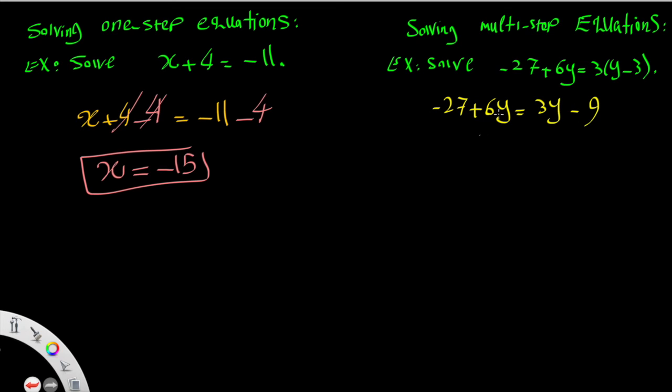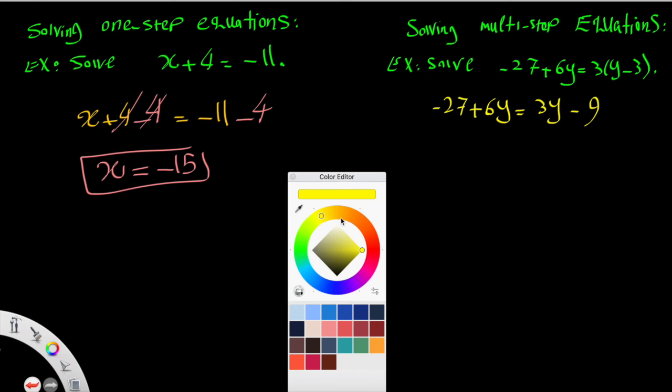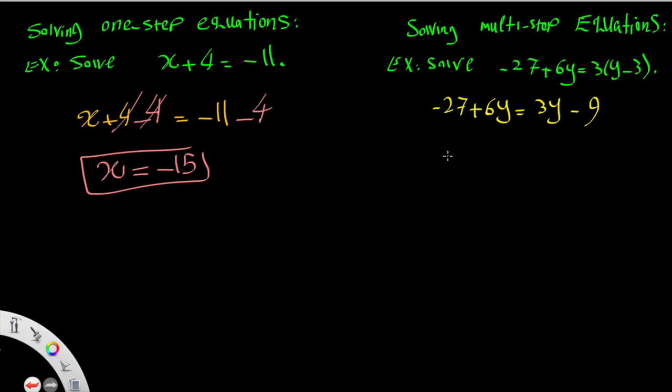Now, here you have 3y, which consists of an unknown, on the right hand side, and y on the left hand side as well. To solve linear equations, we need to have knowns on one side and unknowns on the other side. So I want to transfer 3y to the left hand side, so I can subtract 3y from both sides.